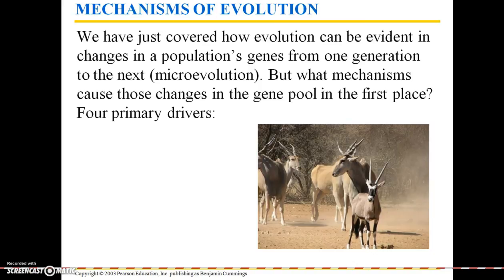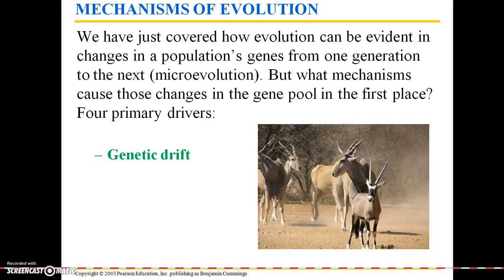Okay, so we have just covered how evolution can be evident in changes in a population's genes from one generation to the next, which is the definition of microevolution. But what mechanisms cause those changes in the gene pool in the first place? Well, there are four primary drivers.